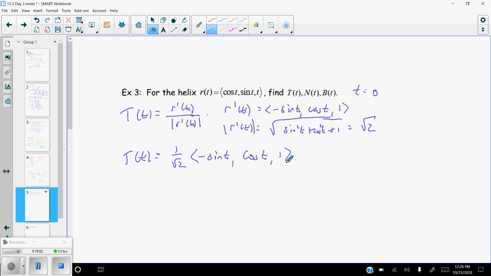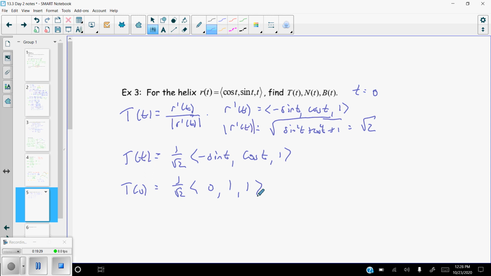It doesn't really matter, just whatever's easier. And I said we want to find this specifically at 0, so we're going to do the unit tangent vector at 0. So that's going to be 1 over root 2 times negative sine of 0, which is 0, cosine of 0, which is 1, and 1. So there is my unit tangent vector.